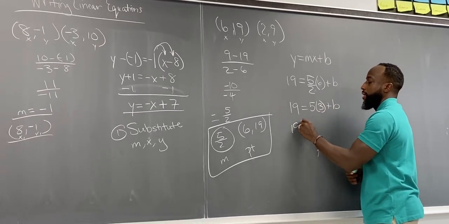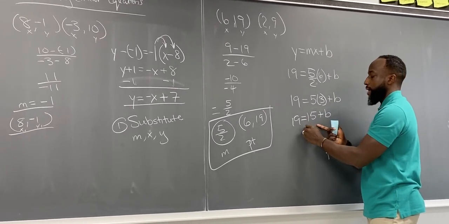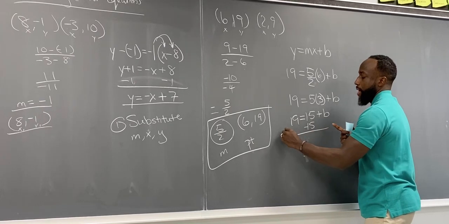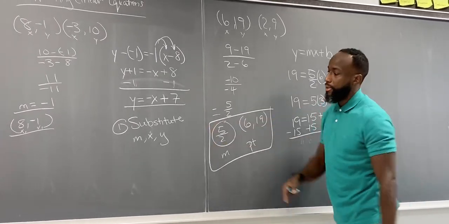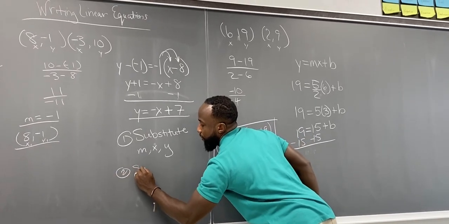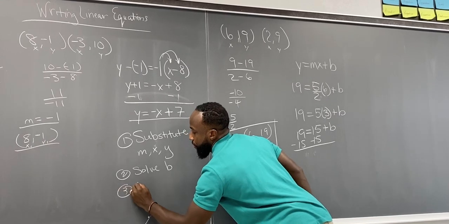So you got 19 equals 15 plus b. Then you gotta subtract 15 to solve for b. So basically you substitute these in, then the second thing is solve for b, and then rewrite the equation.